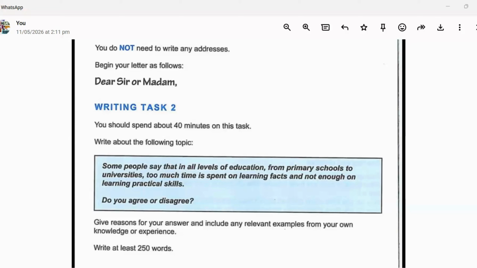Then two is the points you expressed, the content. Does it relate to the question? The body of your write-up, does it relate to the question? Okay, it is very, very important.